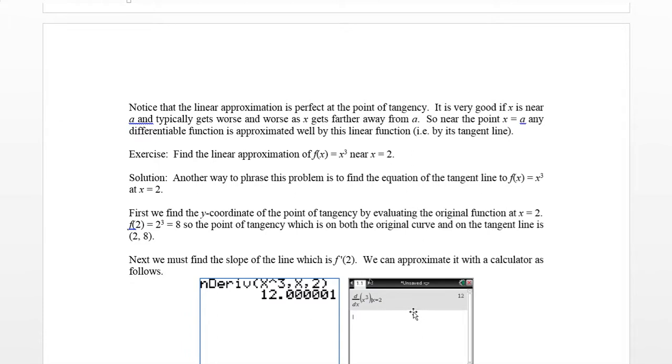Okay, I did it on a TI-Nspire. This is a CAS version, so it's going to give me an exact answer. The syntax goes like this. This is the syntax on the newer versions of the TI-84 as well. It's d over dx, fill in that blank with an x, fill in this spot right here with the formula, x cubed, and this will say x equals, and then you put in the a value right there, which is 2.